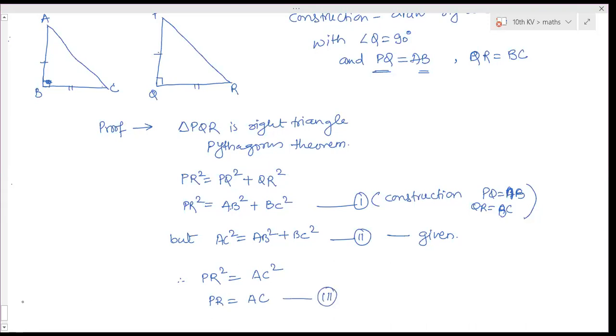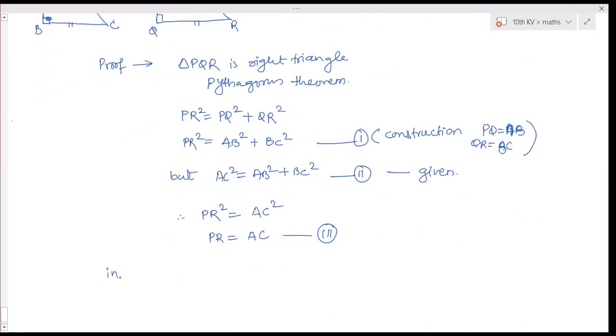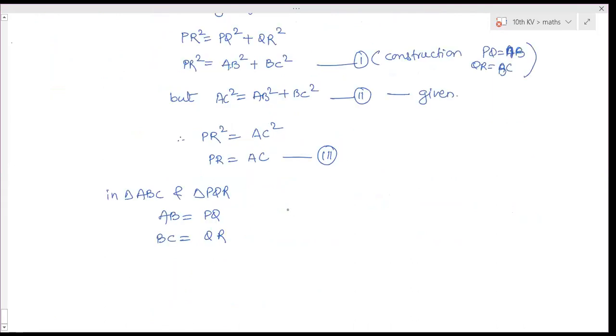Now prove congruency. In triangle ABC and triangle PQR, AB is equal to PQ, BC is equal to QR, this is construction. And AC is equal to PR, proved in equation 3.